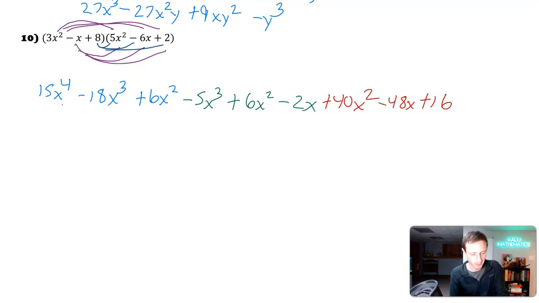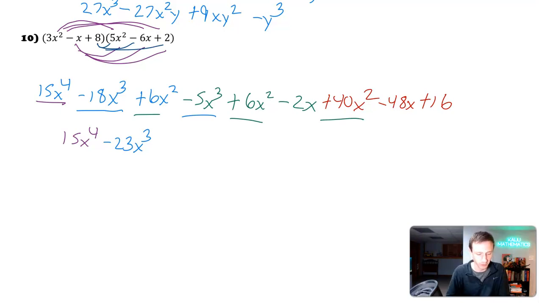Let's go ahead and combine like terms. I don't have anything to combine with the 15x to the fourth, so leave that alone. Let's see, do I have anything with the negative 18x to the third? I do. I have negative 5x to the third. So negative 18 minus 5 is negative 23x to the third. 6x squared plus 6x squared plus 40x squared. A couple like terms dropped there. Let me just double check. 6x squared, 6x squared.